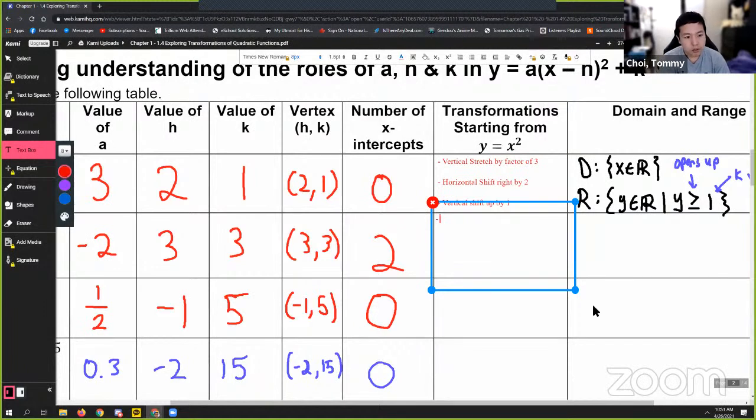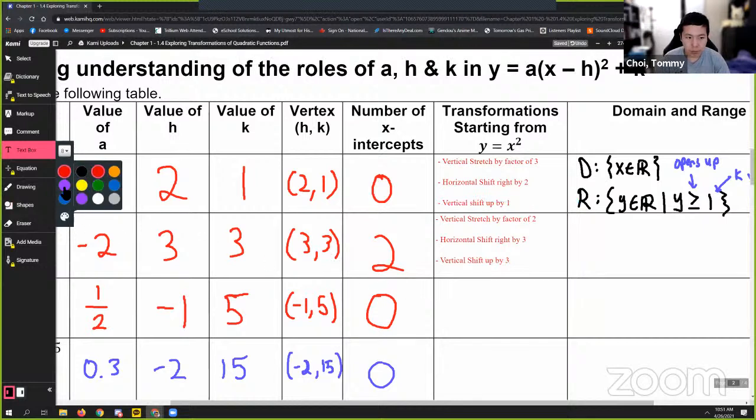So same thing here. This would be a vertical stretch because the value of A is greater than 1, by factor of 2. This would be a horizontal shift right by 3, and then vertical shift up by 3.